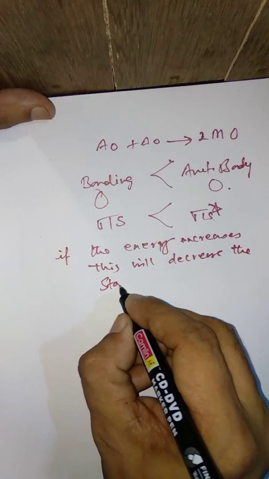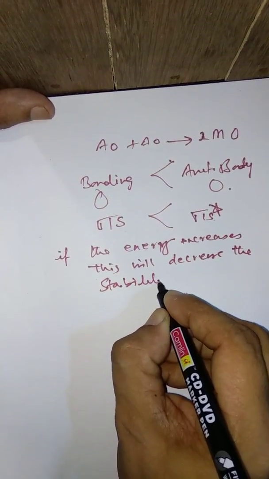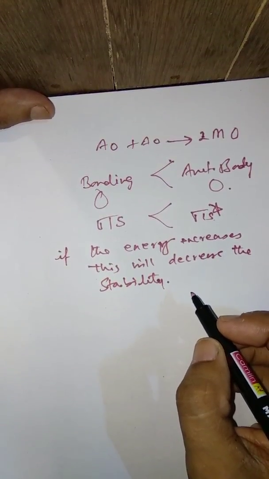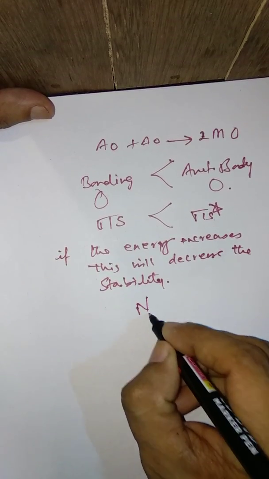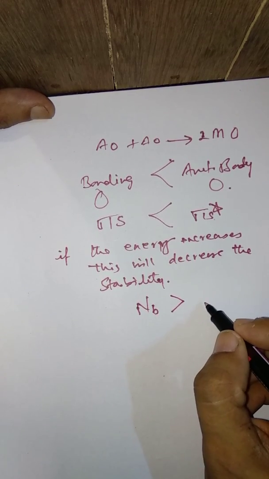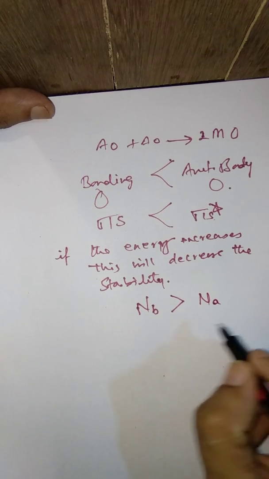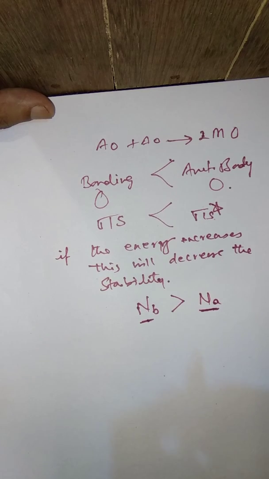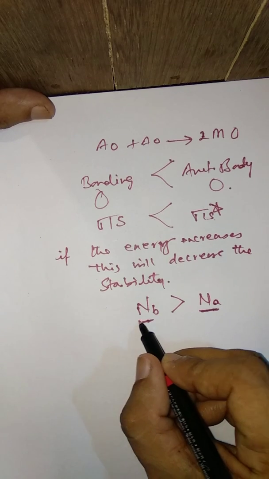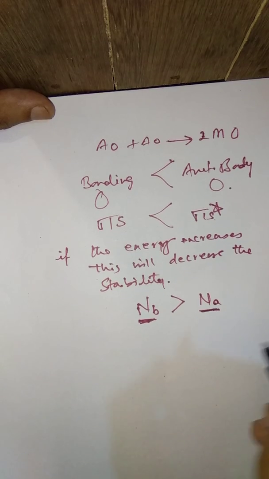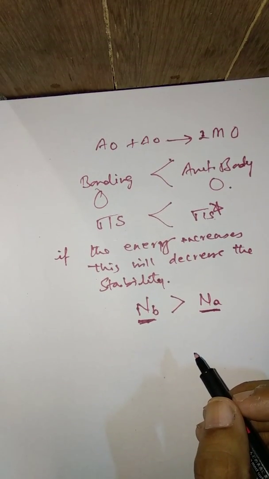So what is ultimately favorable is that the number of bonding orbitals must be greater than the number of anti-bonding orbitals. If the anti-bonding orbitals are more than the bonding orbitals, the energy will increase, and the more the energy, the lesser the stability. But if the bonding orbitals are more than the anti-bonding orbitals, this will increase the stability. That is the first thing.